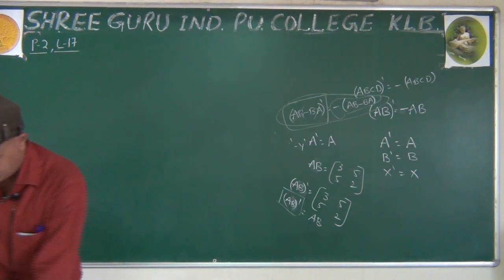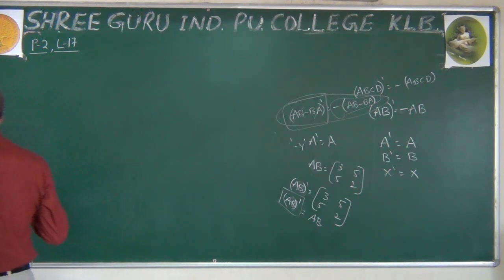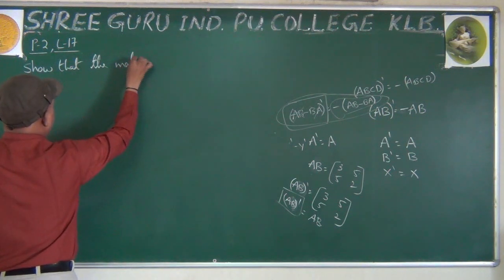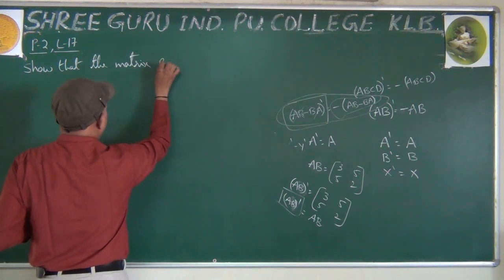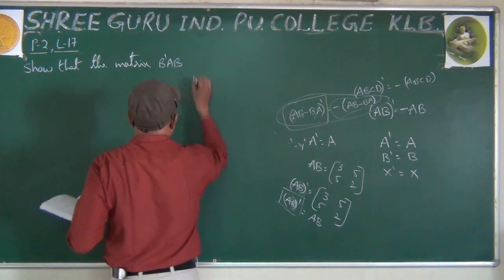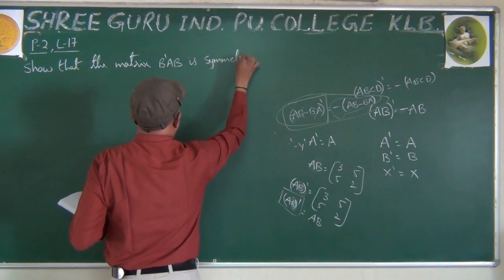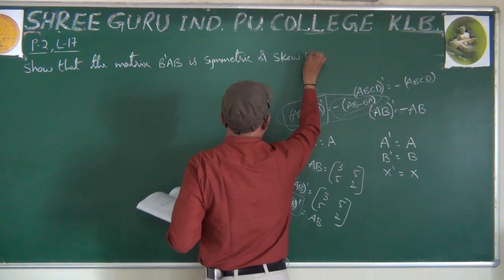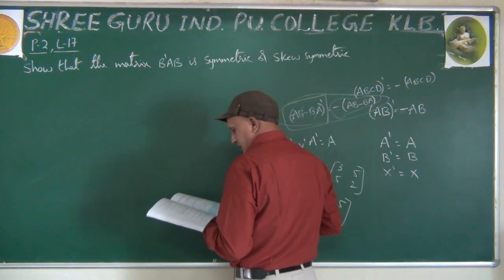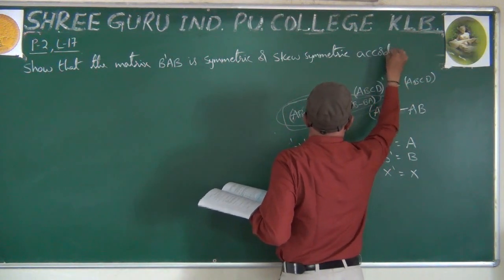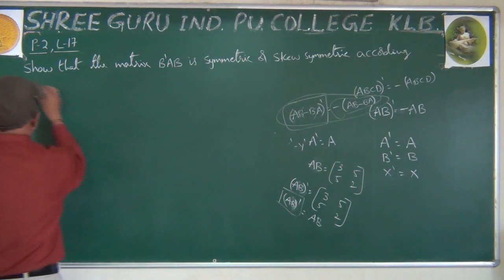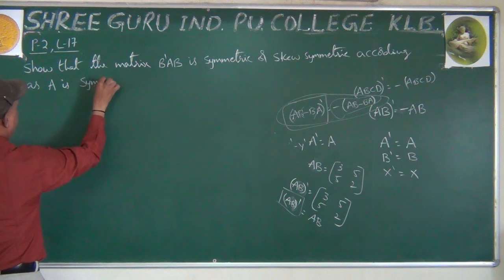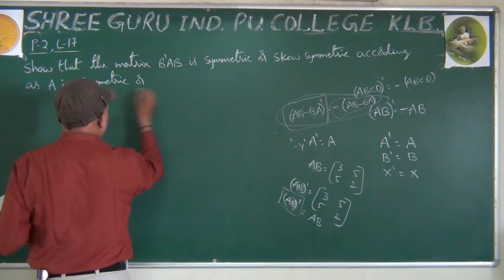One more last question in this method. Show that the matrix B dash AB is symmetric or skew symmetric according as A is symmetric or skew symmetric.